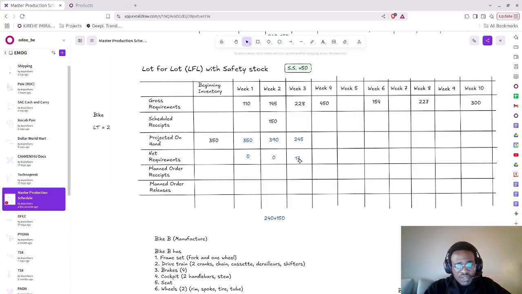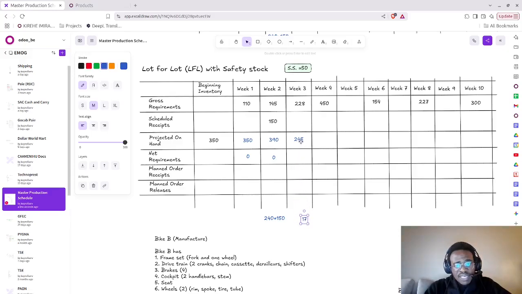So if I'm left with 17 bicycles, let me just do the rough math here. If after selling 228 I'm left with 17 bicycles, how many bicycles do I need to have a safety stock of 50? It will basically be 50 minus 17, and that is a net requirement of 33.